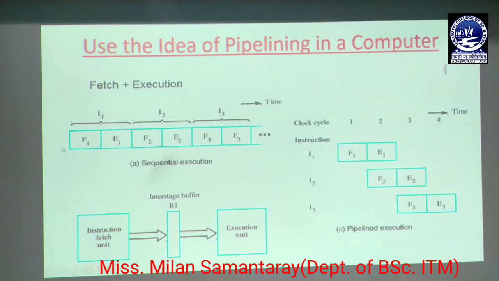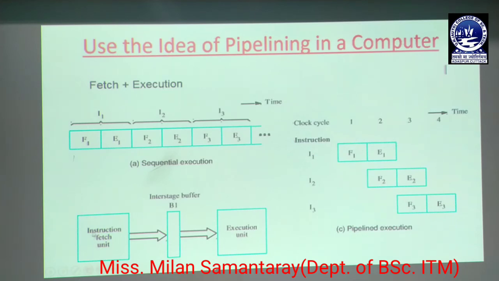That means after completion of one instruction, the processor can go for another instruction, and that is done by, as you can see, one instruction fetch unit, the interstage buffer, and our execution unit.